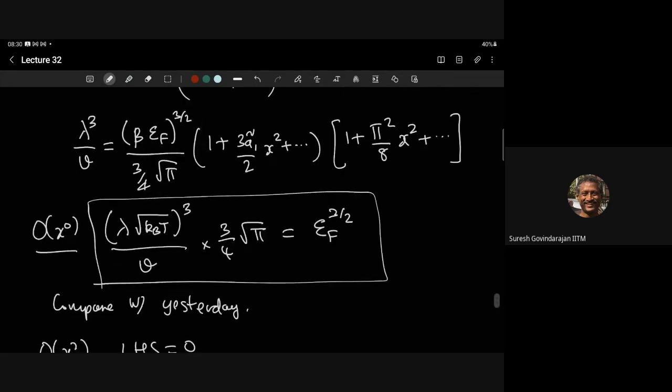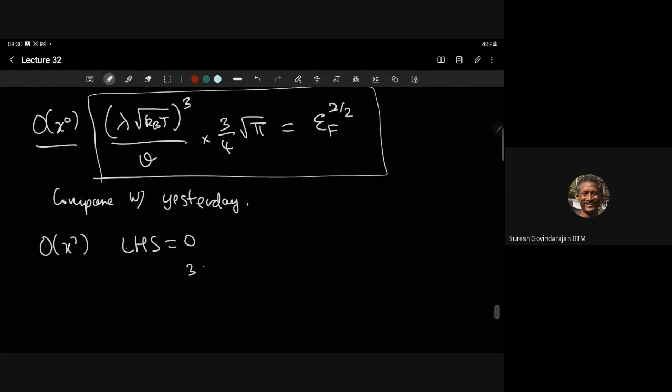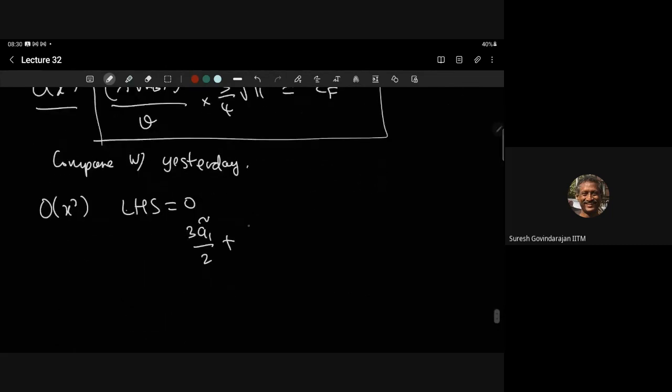So at order x square, it just says 3a1 tilde by 2 plus pi square by 8 equal to 0, which implies a1 tilde equal to minus pi square by 12.